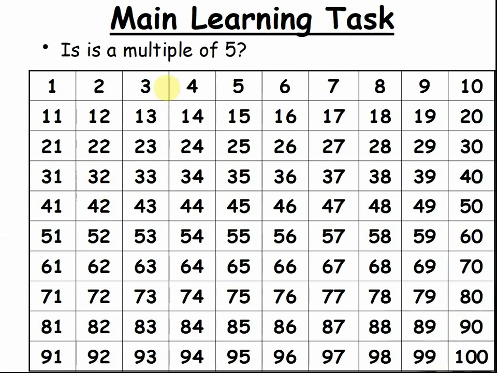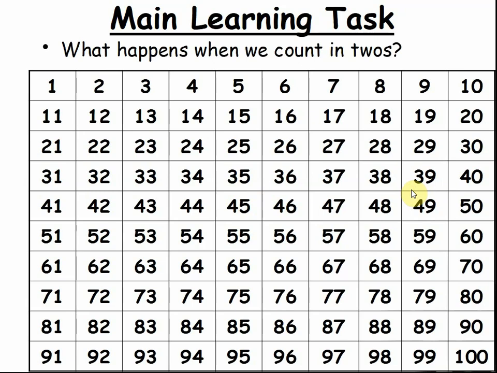If it was a multiple of 5, it would be in this column down here: the 5, 15, 25, 35, 45, 55, 65, 75, 85, or 95. Or it would be in this column: 10, 20, 30, 40, 50, 60, 70, 80, 90, 100. So it goes 5, 10, 15, 20, 25, 30, 35, 40.